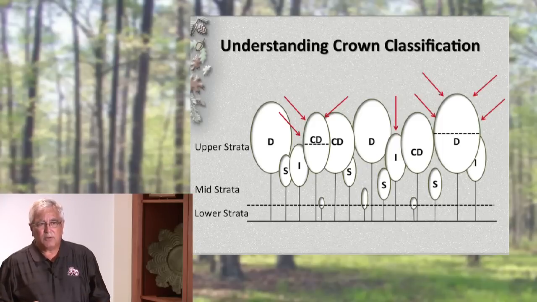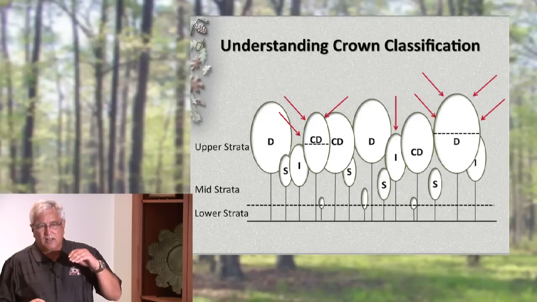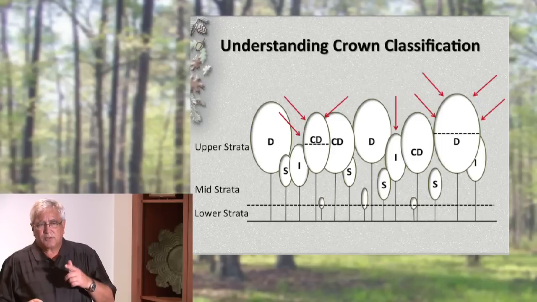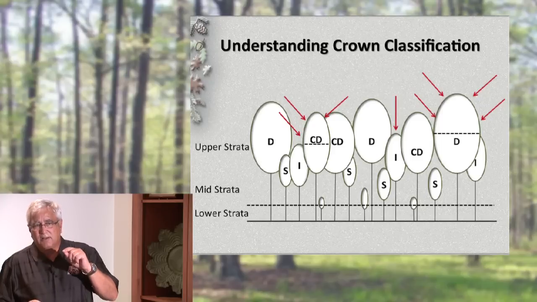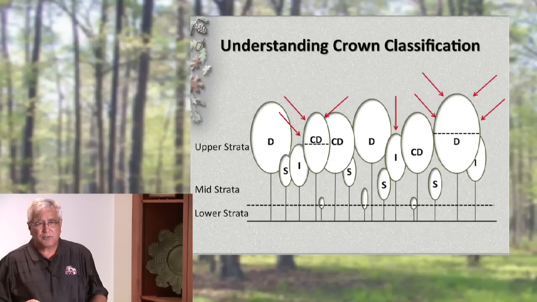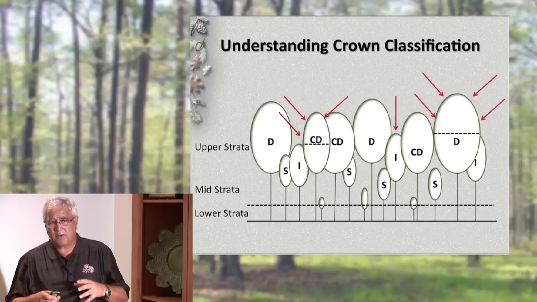If we look at our codominants, we get light from above, but we don't get good indirect sunlight from the side as well. If we look at our intermediate trees, those are trees that are only going to get light from above. You can see as the dominant and the codominant actually continue to expand on their crowns, intermediates will actually fall into the suppressed stage and eventually drop out of the stand.